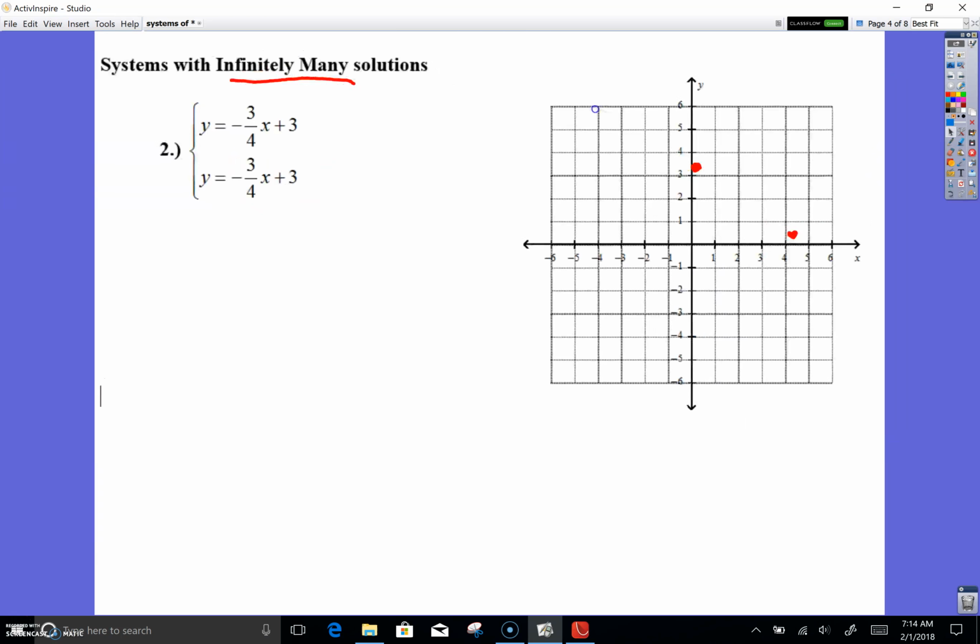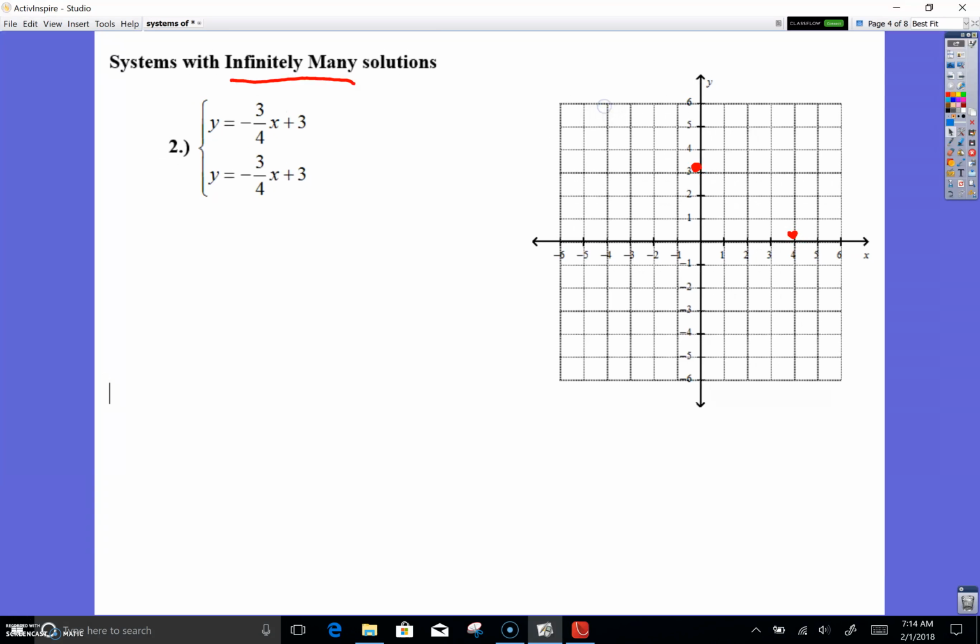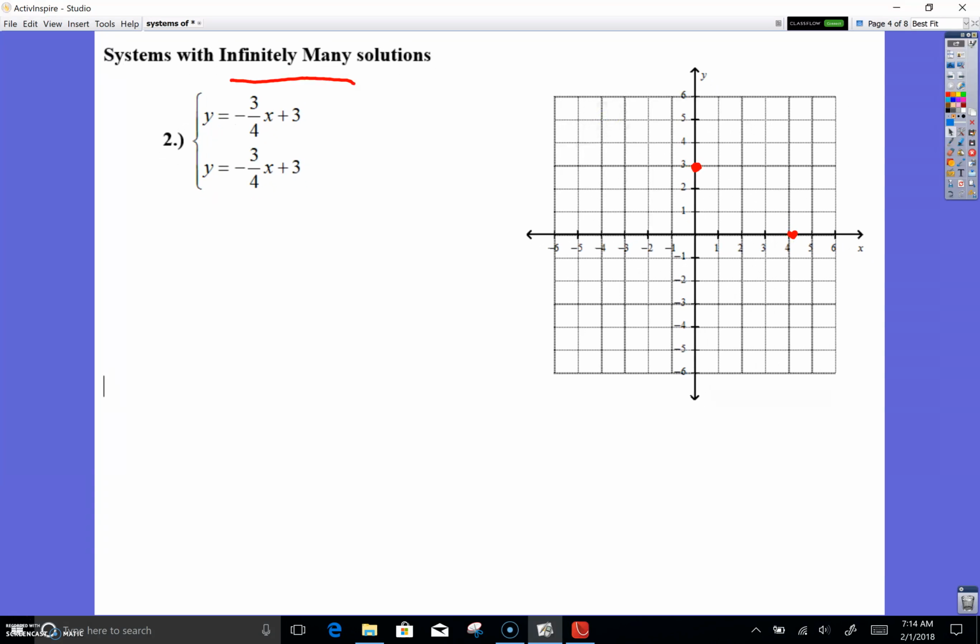And both of them, oops, changed on me. And if we do it again in a different color, it's the same. Infinitely many solutions.